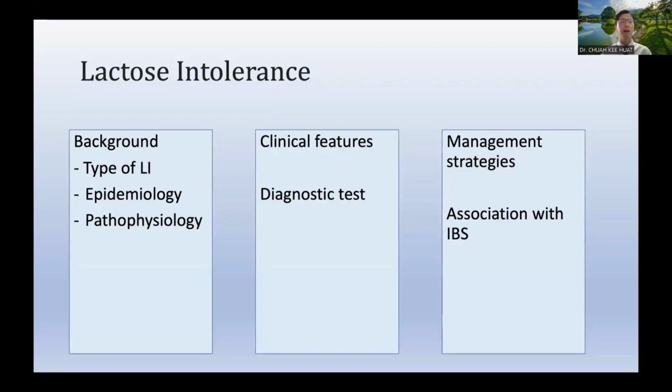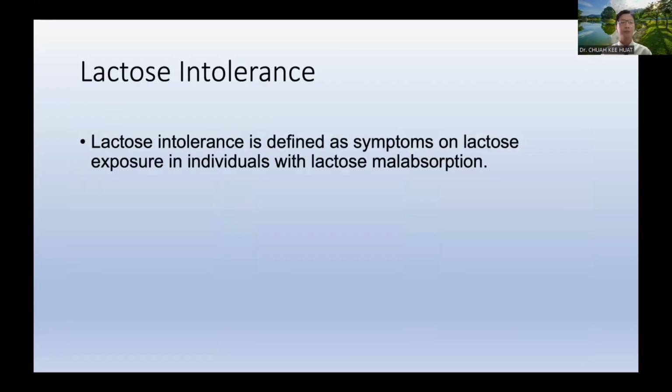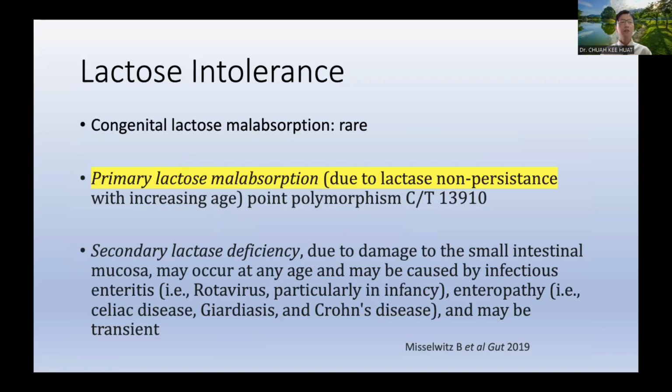Next, briefly about lactose intolerance. Lactose intolerance is defined as symptoms on lactose exposure in individual with lactose malabsorption. So there are many types of lactose intolerance, but the most common one is primary lactose malabsorption due to lactase non-persistence with increasing age, with some single point polymorphism.